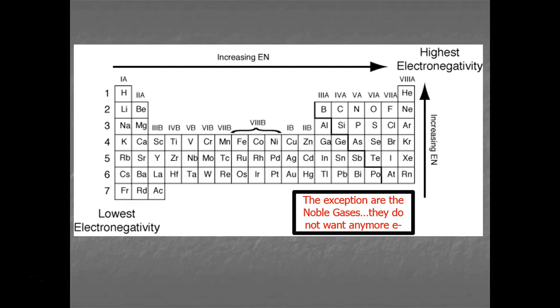It's a little bit confusing, but hopefully you understand the distinction. Both of them have the same general trend, getting larger as you go up and to the right. However, the main difference is that electronegativity is 0 for the noble gases, whereas the ionization energy is really, really high for the noble gases.